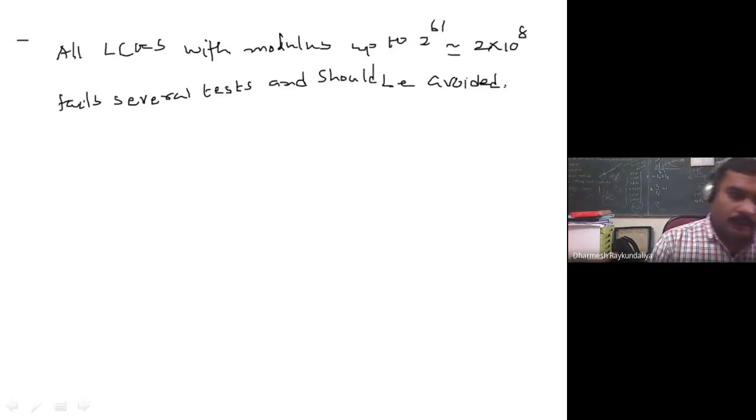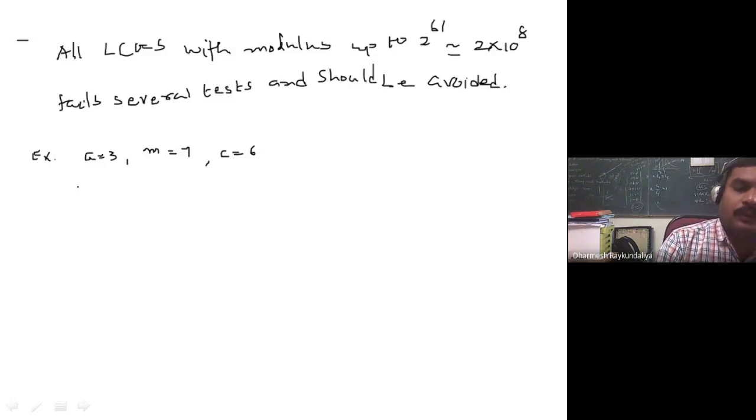If I take another example, let us again use the LCG in which A is equal to 3, M equal to 7, C equal to 6. You have to generate 5 random numbers, let us say n equal to 5.